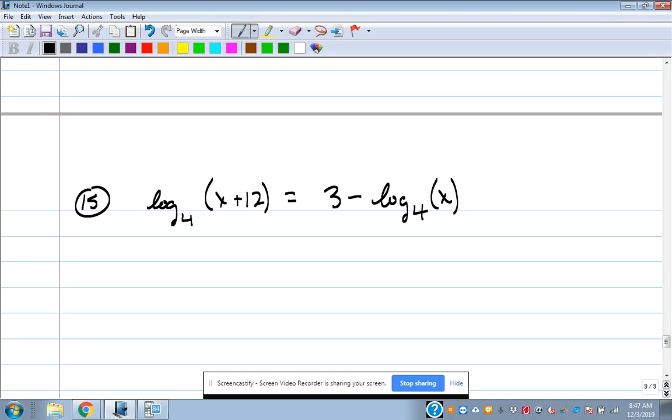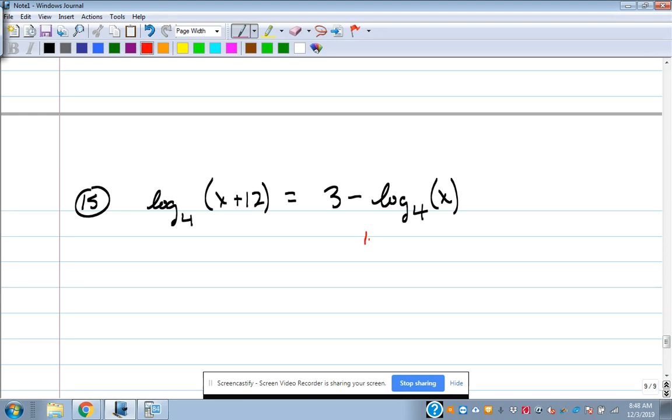Think about, in general, with most equations that we solve, what do we try to get together first? Things that are like terms, right? So for this problem, in its state right now, what are the like terms? Things that have the log base 4s, right? So how could I move this log base 4 from the right side over to the left side? They're subtracting it, so the inverse of that would be adding it.